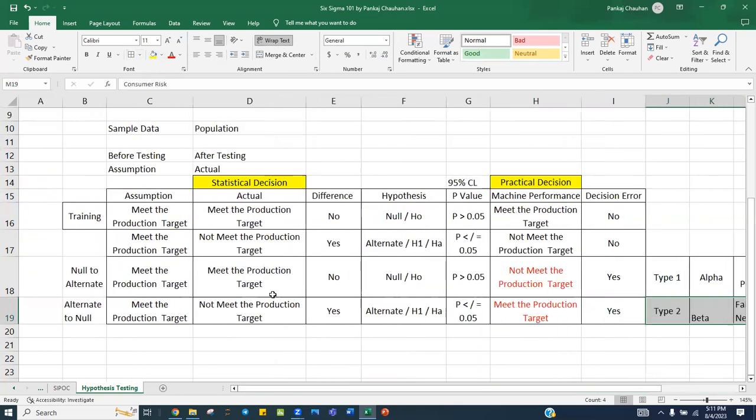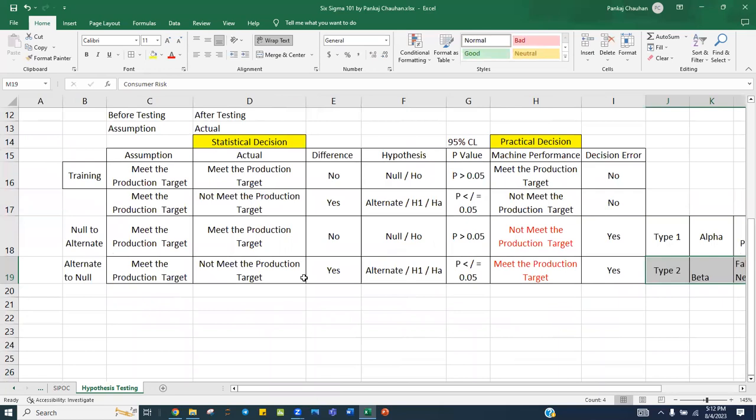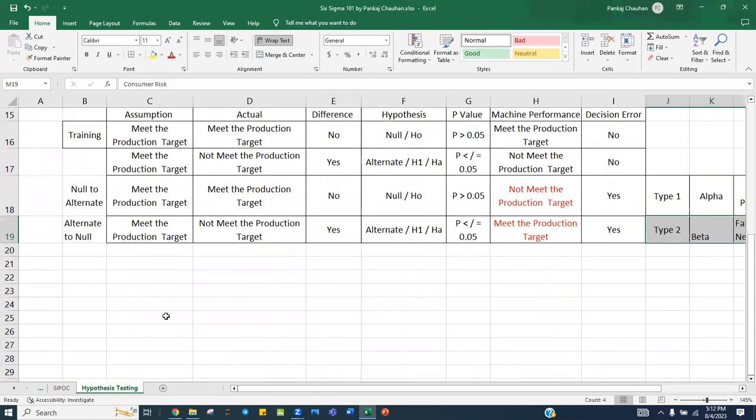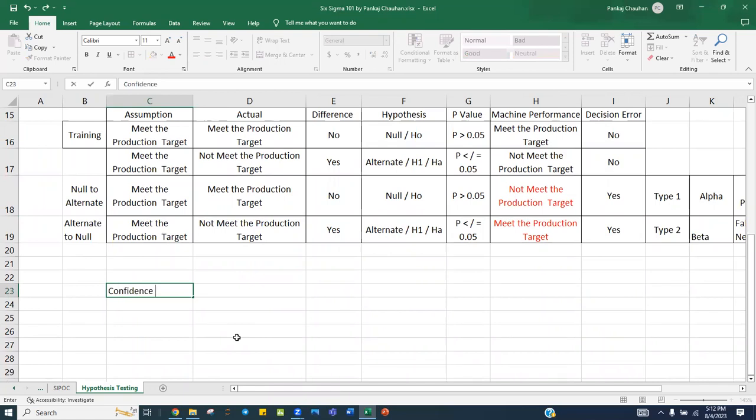Hypothesis testing works on two things. First, you make an assumption. We make the assumption, or the confidence level, statistically. By default, we work at a 95% confidence level. So when you make a decision, what is the chance of error?